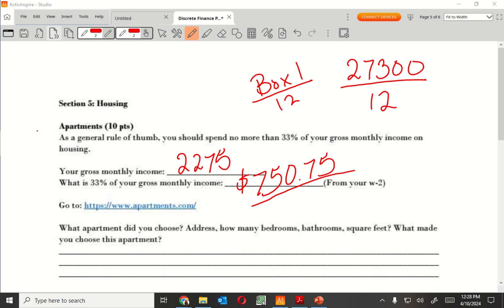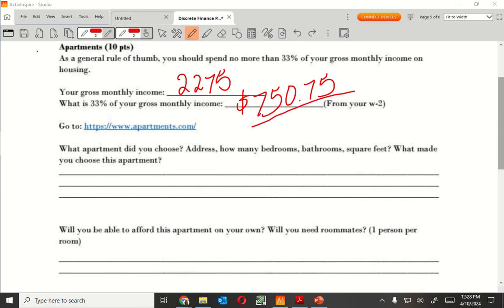Does that make sense? Because a lot of people found apartments in Flagstaff. Some people were living in Tucson when they did their project and they found their housing there. You have to find housing where you live and work, which is going to be here in Phoenix somewhere. So, apartments.com.